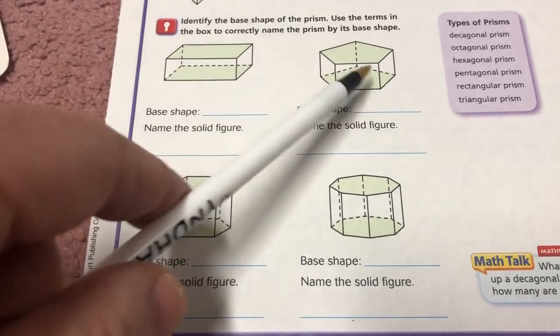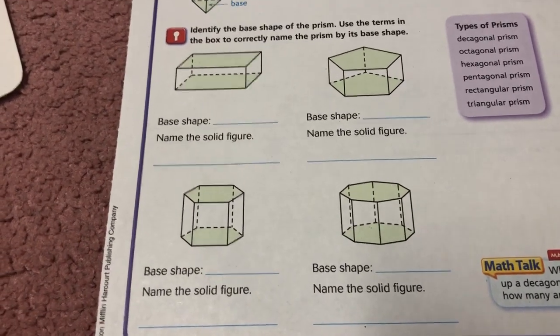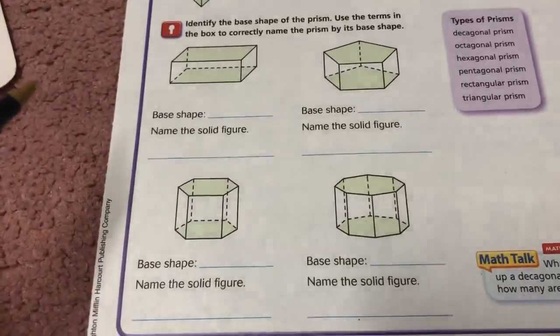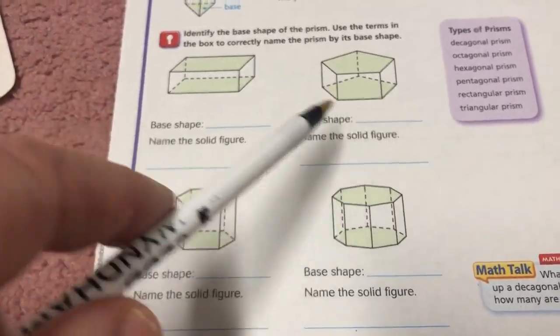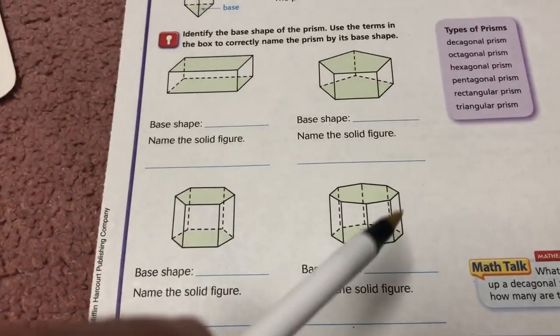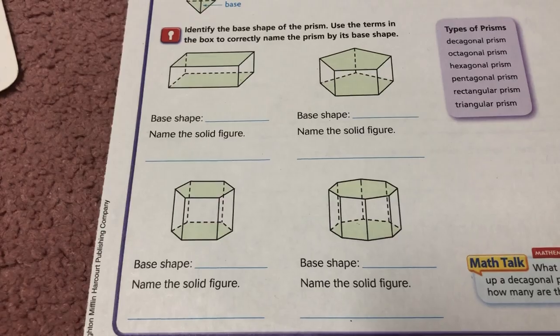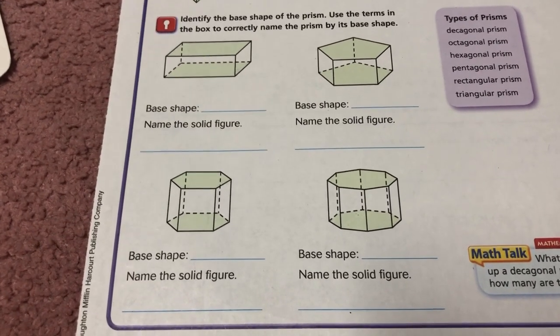See the top, the bottom, the top, the bottom. And then they have rectangles in between connecting those 2 bases. So you can see in all of these figures, there's a top and a bottom of a certain shape, and then connecting it in the middle is all rectangles. Whenever you have a figure like that, that is a prism, okay?